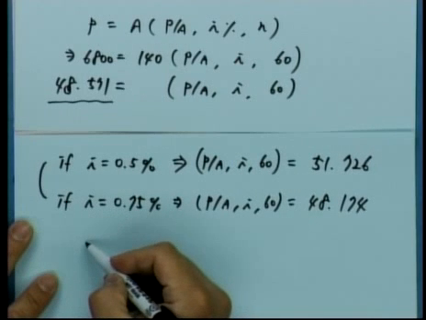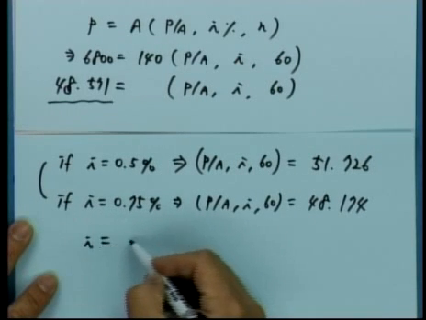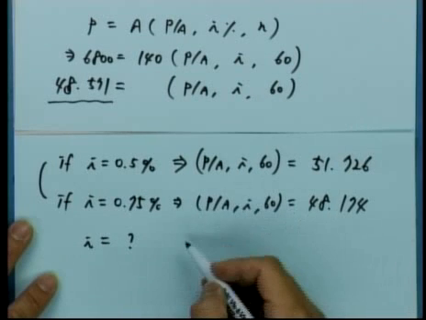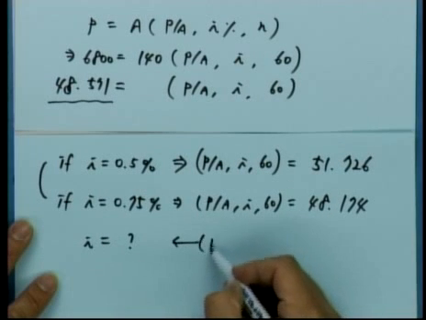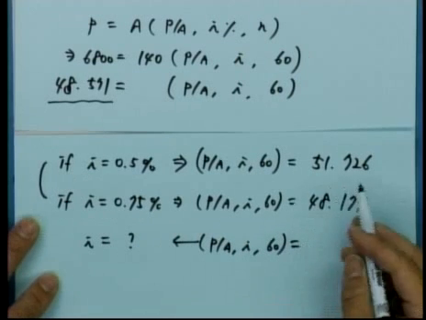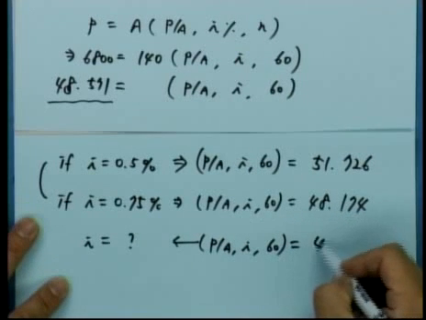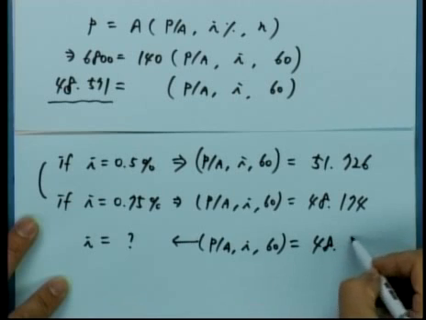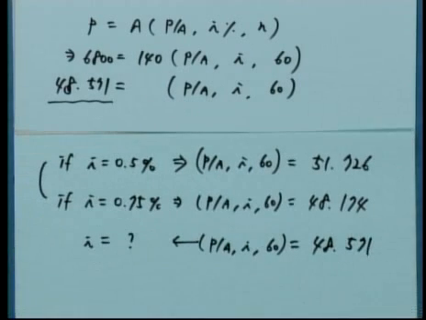And we want to find the I value that provides this vector value equal to 48.571, right? So let's draw a simple diagram.